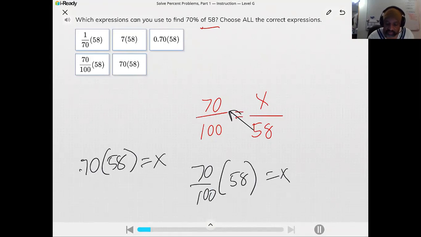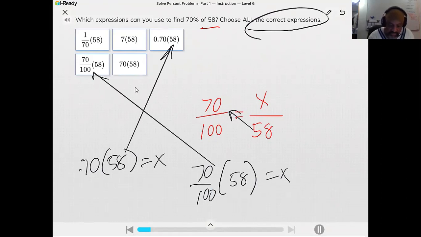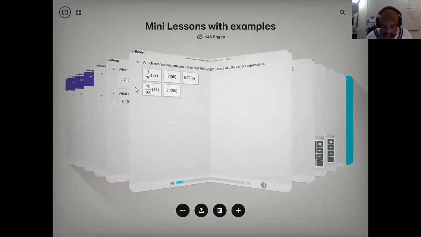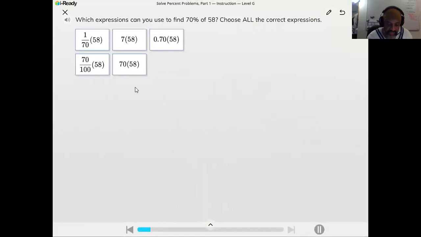So they're asking for all the correct expressions. One of them would be here, and one would be here, right? So there's two choices there. Make sure you get both of them. Okay, let's go to the next thing. Got here, yeah, we would choose this one and this one.